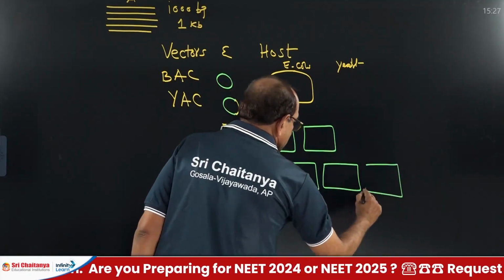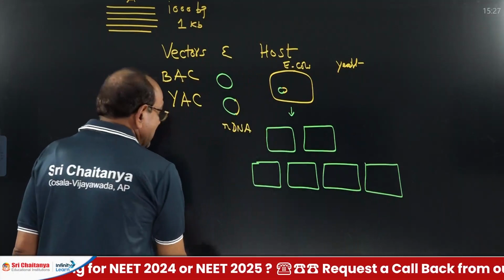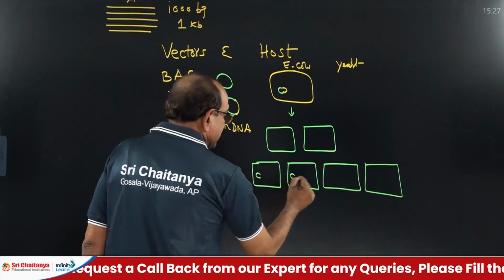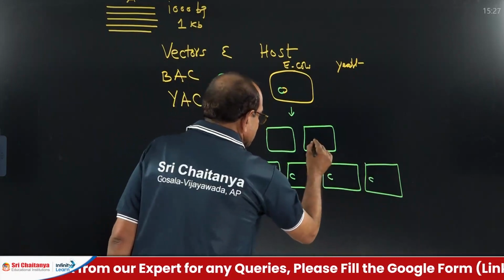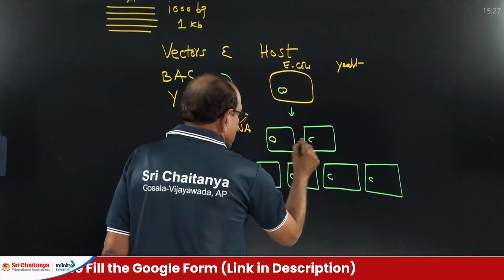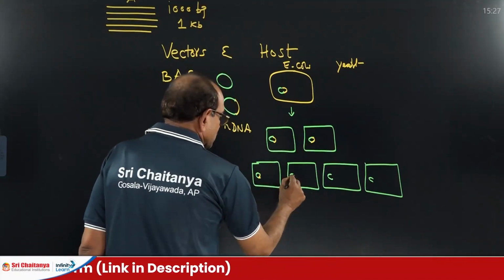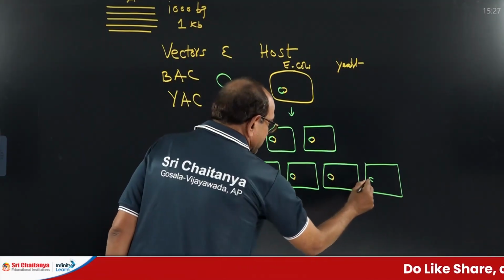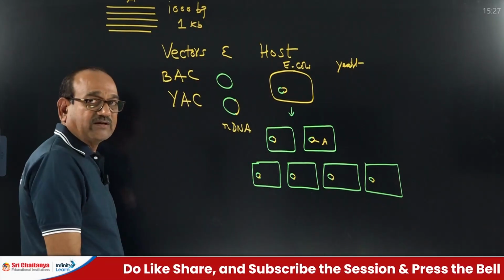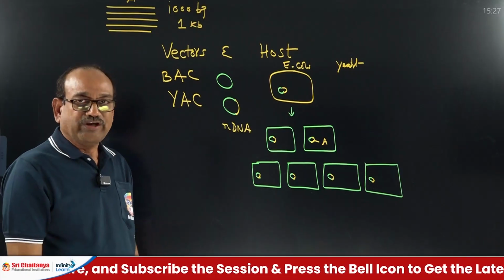During this, along with the bacterial cell, the recombinant DNA also multiplies like this. So we got the required number of fragment A's, thousands together. This is called gene cloning.